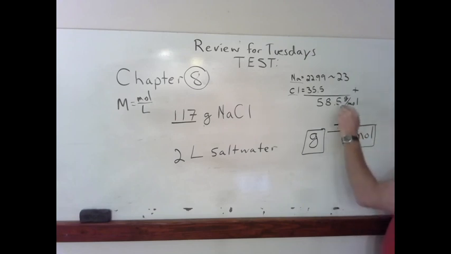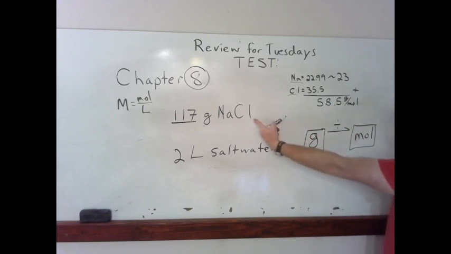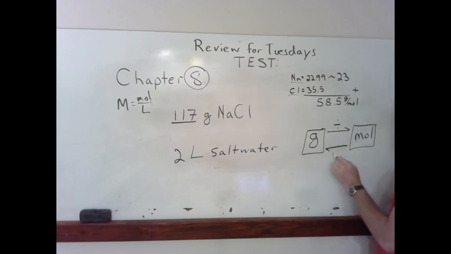That's right. We're going to be dividing by the molar mass. And here's our molar mass of whatever it is we're looking for. If for some reason later on you need to go back again, you multiply by the molar mass.